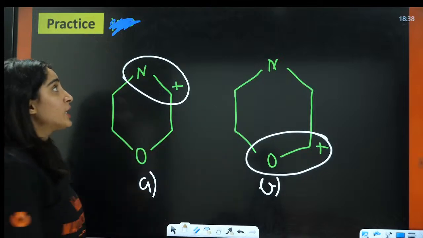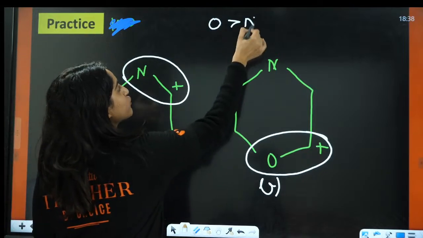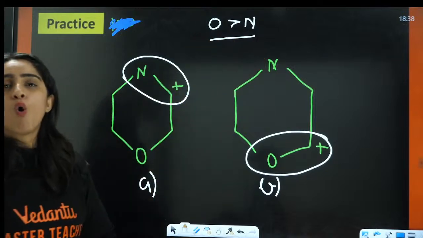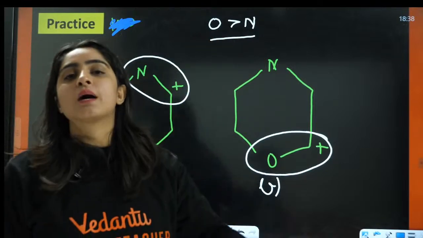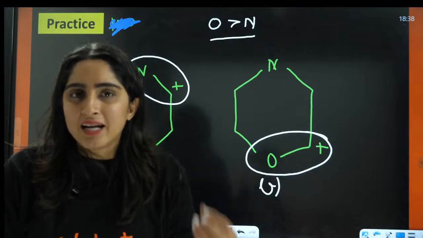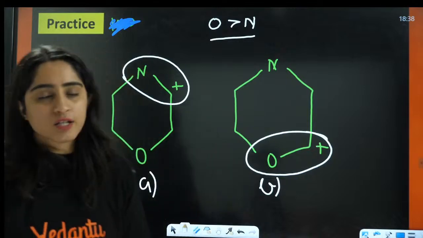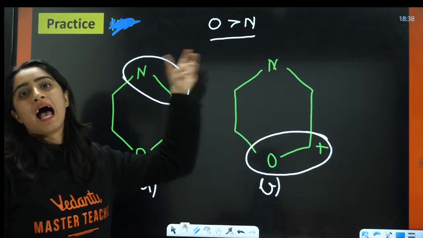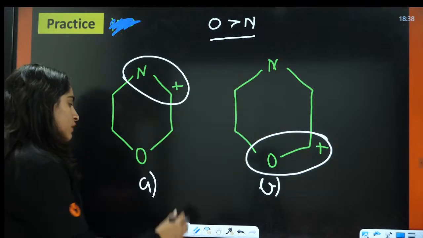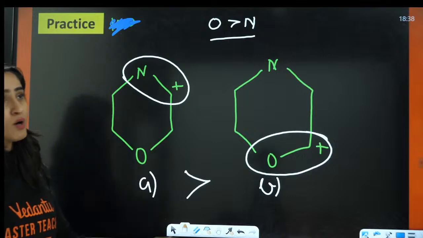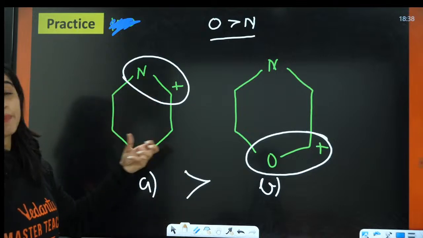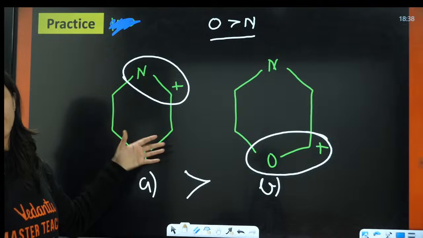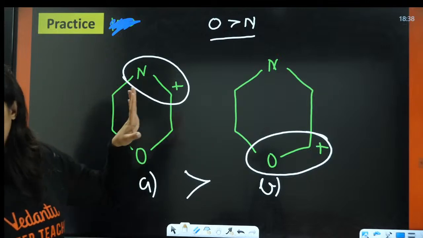Oxygen is more electronegative than nitrogen. That means oxygen will not be able to give electrons as easily as nitrogen. So A will be more stable because of more back bonding in case of A as compared to B.